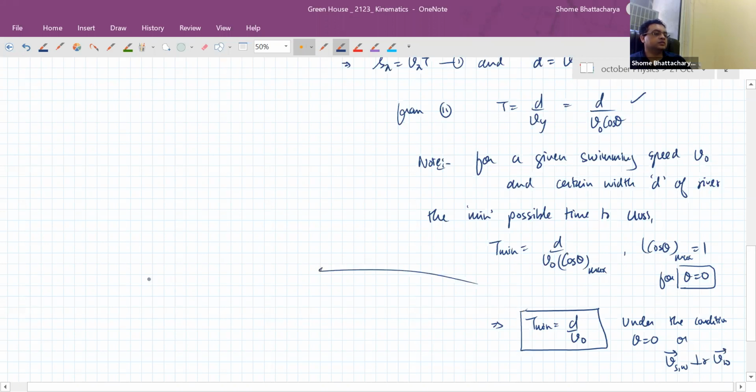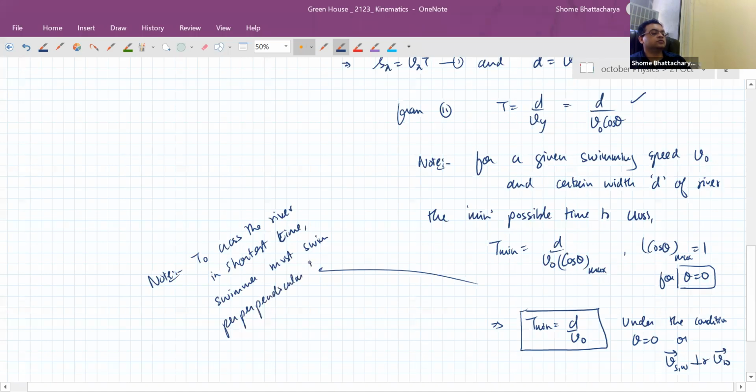What we understand here is that to cross the river in the shortest time or minimum time, the swimmer must swim perpendicular to the flow of the river.